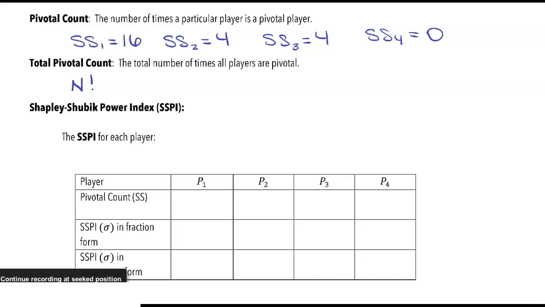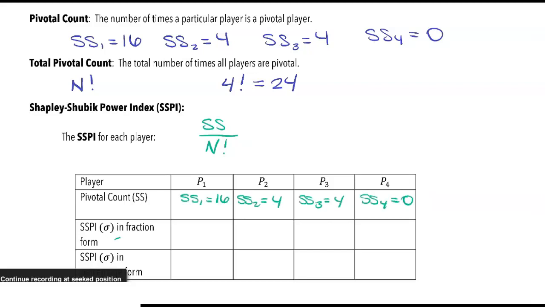In this case, we have 4 players, so there are 4 factorial sequential coalitions, or 24 sequential coalitions, 24 pivotal players. The SSPI, or the Shapley-Shubik Power Index for each player, is calculated by taking that player's pivotal count and dividing by the total pivotal count, or n factorial.